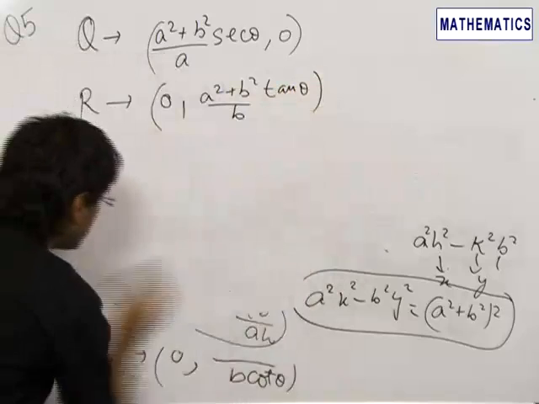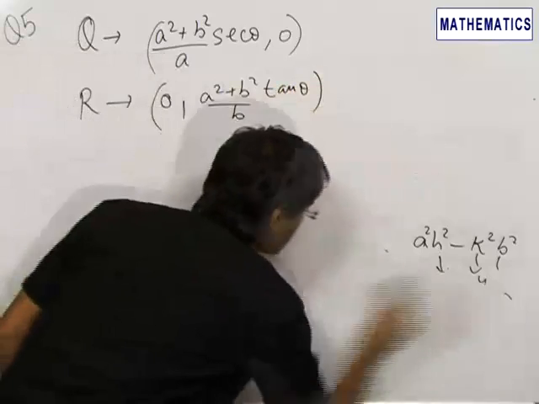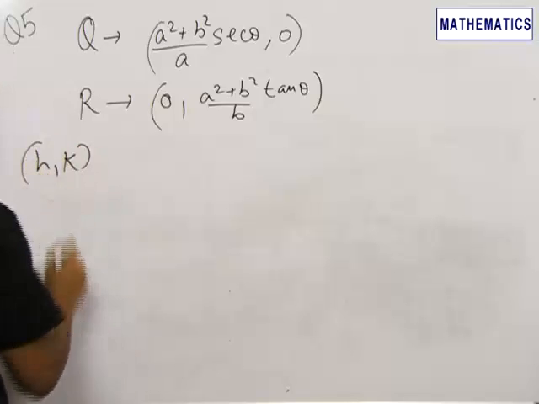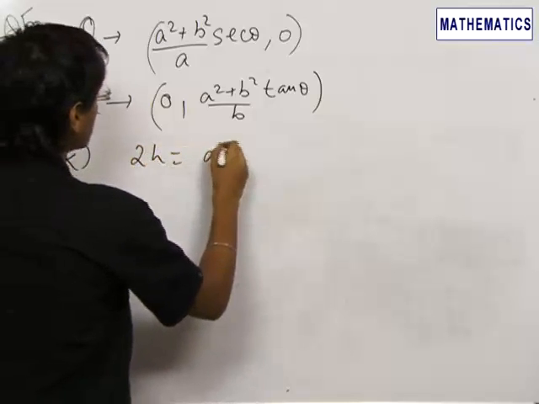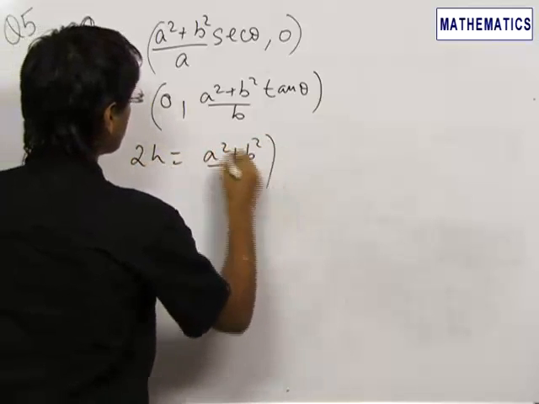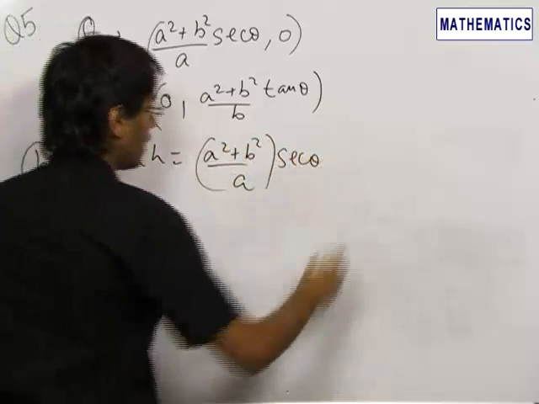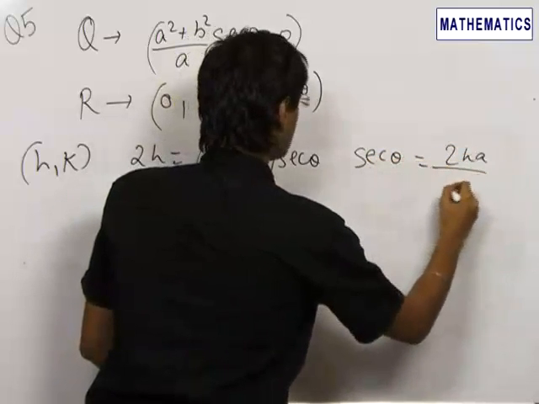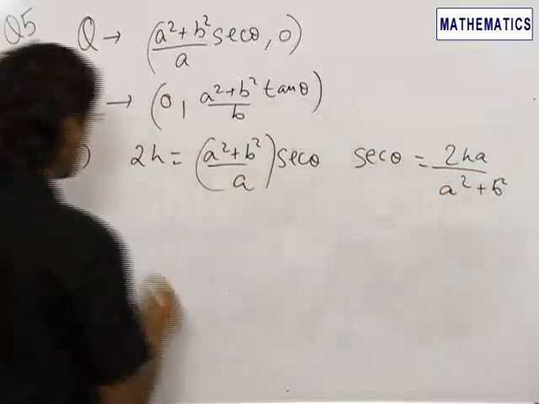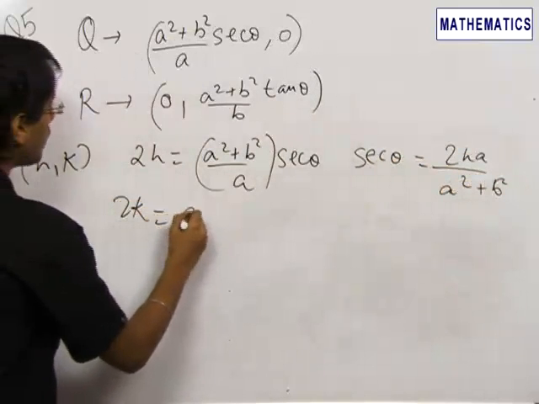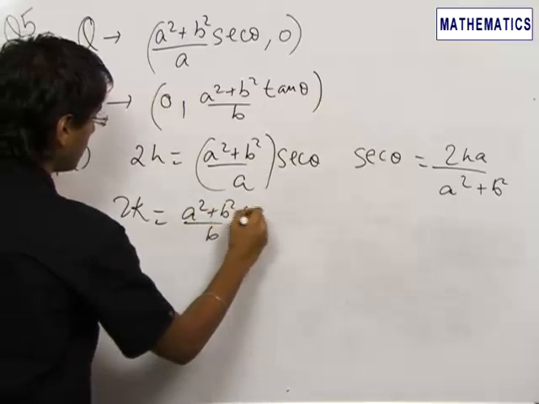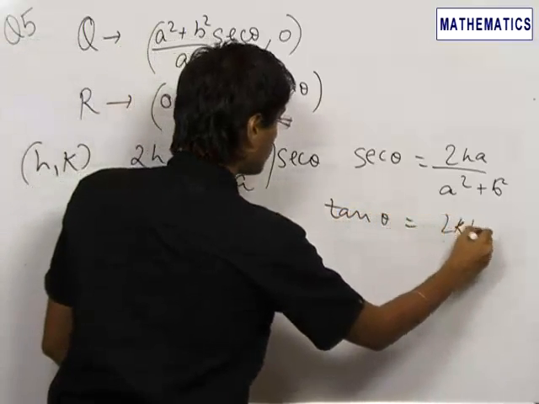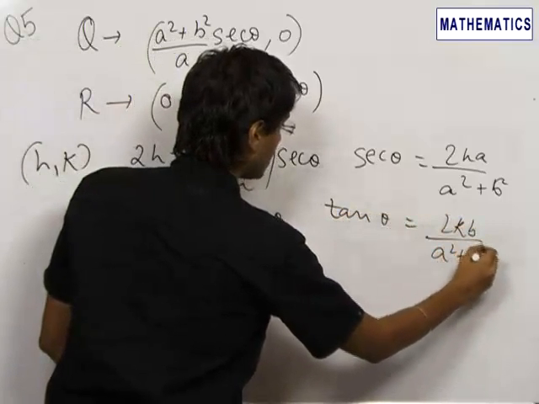So this locus can be very easily found out in a similar fashion as we did for the locus of point L. If the locus of midpoint is h comma k, we have 2h is equal to a square plus b square by a sec theta. Hence we obtain sec theta to be equal to 2ha upon a square plus b square, and 2k is equal to a square plus b square by b tan theta. So tan theta comes out to be equal to 2kb upon a square plus b square.